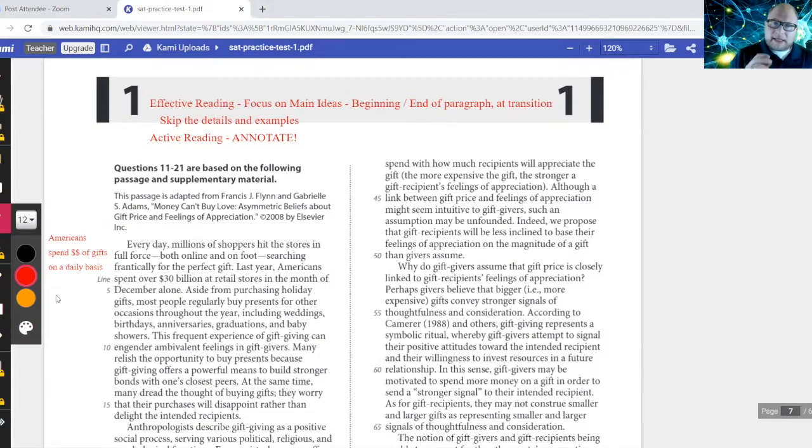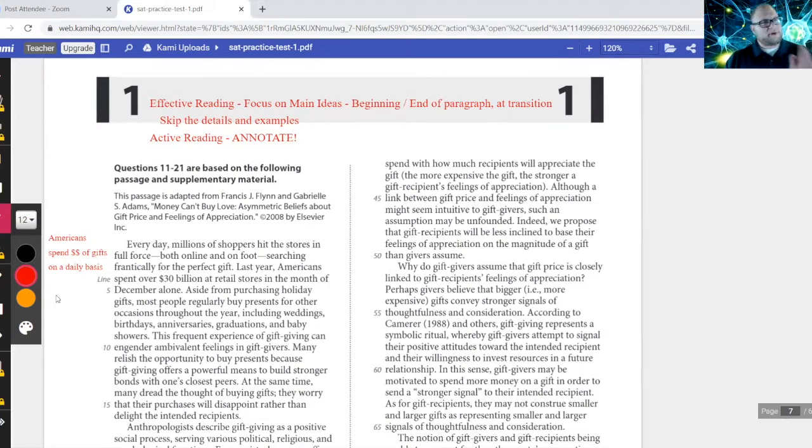Now, again, sometimes the transitions are very obvious. On the other hand, for example, would be a transition. Sometimes it's not as transparent. But if we look at this next sentence, the frequent experience of gift giving can engender ambivalent feelings in gift givers.